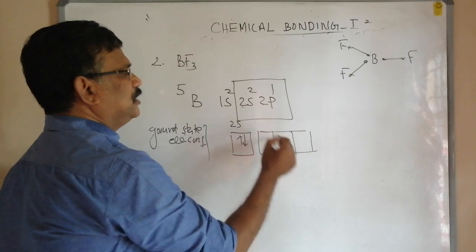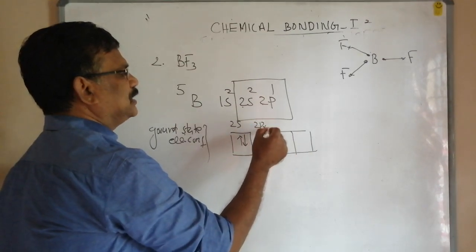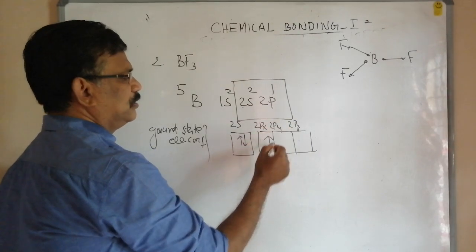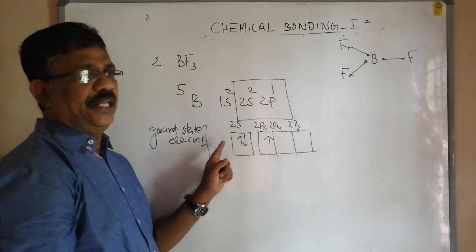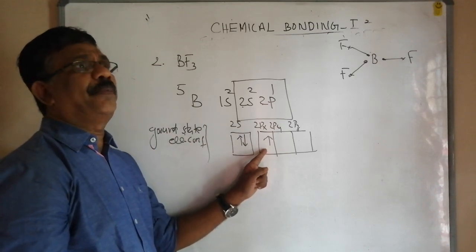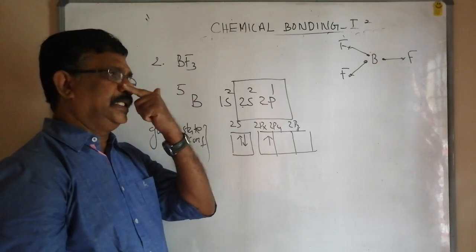There are 3 orbitals in the 2p subshell, 2px, 2py, 2pz, with 1 electron. A filled orbital has no combining capacity; a half-filled one has combining capacity. So there is only 1 combining capacity.